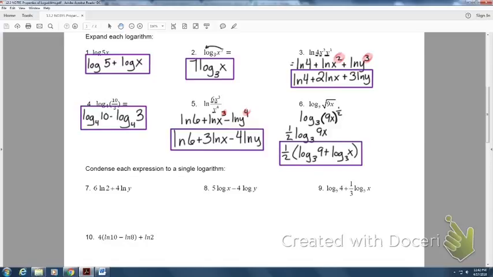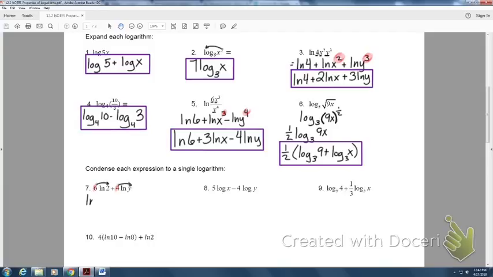Well, now we're going to deal with it last. All right, we're going to condense addition by multiplication or condense subtraction by division. But before we do that, we want to deal with any coefficients that are in front of the logs. Okay, so I can take those coefficients and I'm going to make them the exponents of those logs.